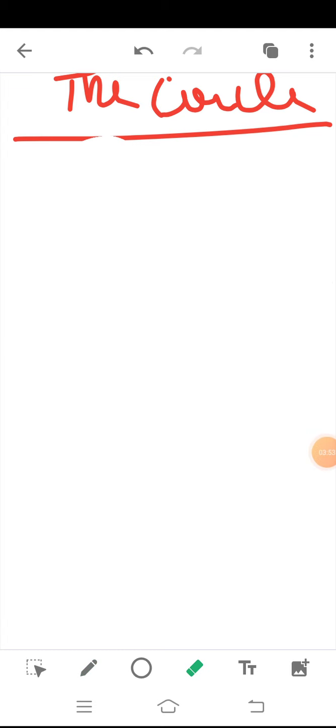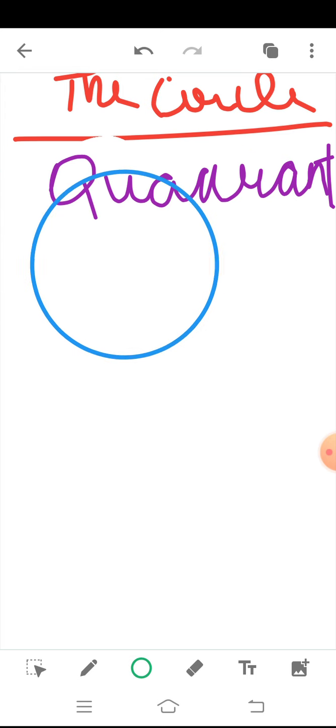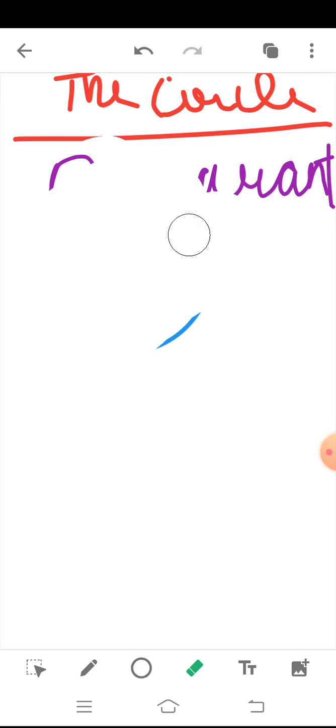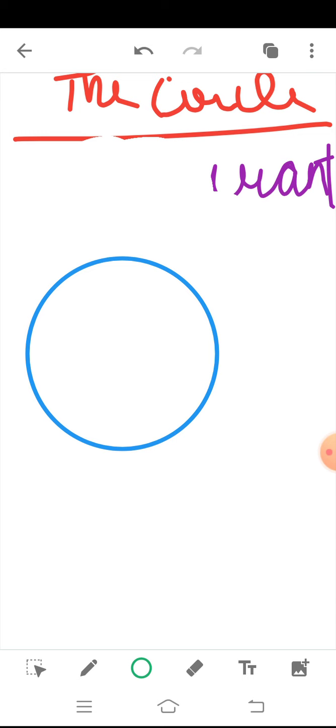So now the next topic is quadrant. What is a quadrant? Suppose I draw a circle and divide it into 4 parts, like we divide a pizza into 4 parts.